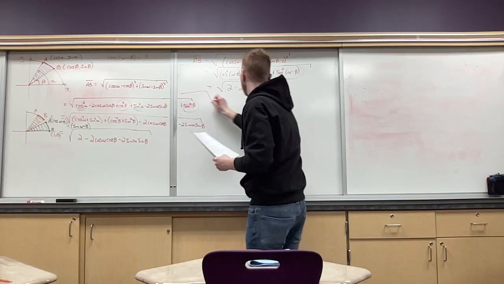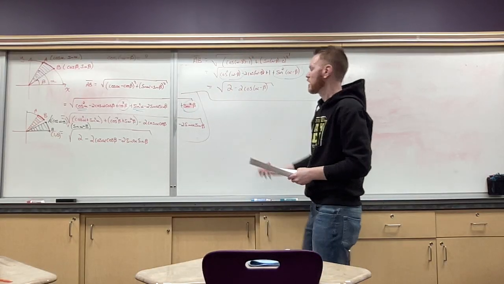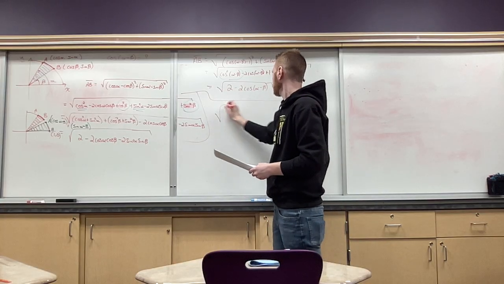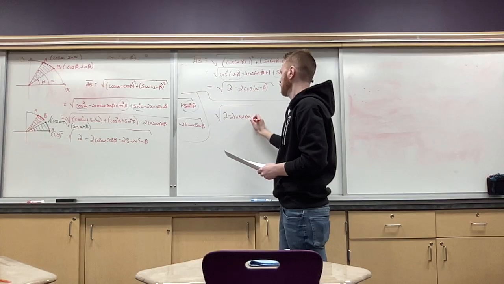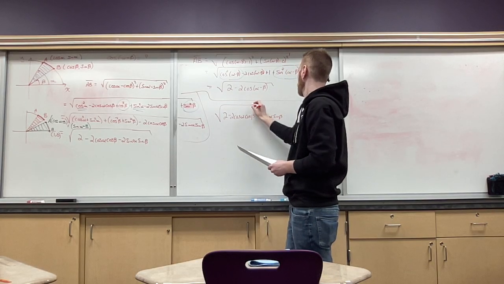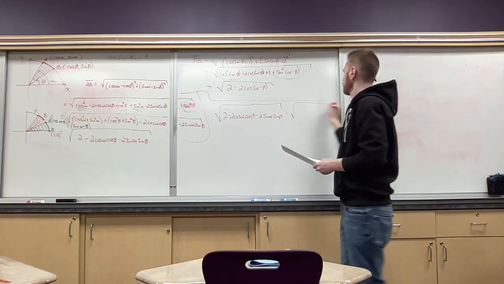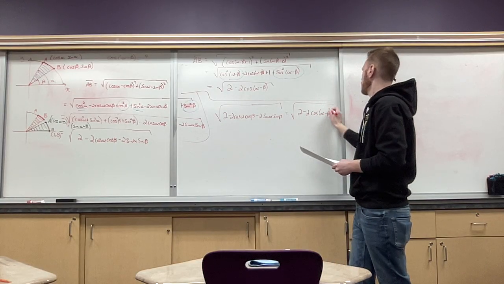And I promise you it does come out to be a nice formula. So let's do that for our final step. So let me exclude that stuff. All right, so we have 2 minus 2 cosine of alpha, cosine of beta, minus 2 sine of alpha, sine of beta, and 2 minus 2 cosine alpha minus beta.